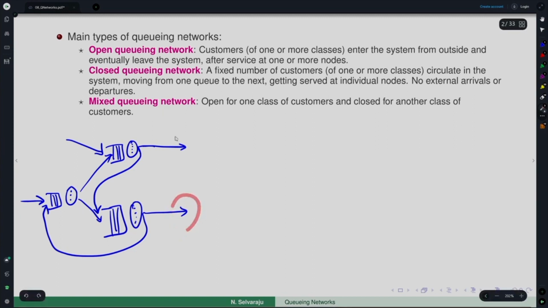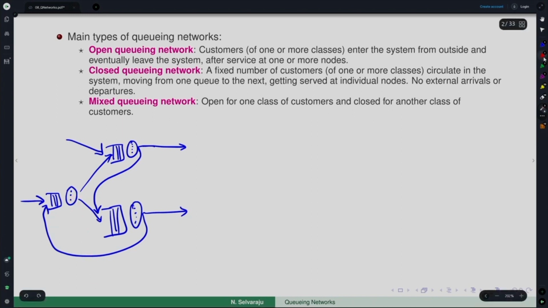In these two nodes departures happen, and in these two nodes arrivals happen. So it need not be from the same entry point. It is possible that in this one there is no arrival, but similarly in this one there are no external departures. Of course, you may also have a situation where a departure can happen from this one too. That is a more generic version.